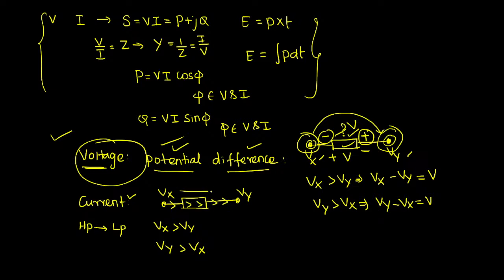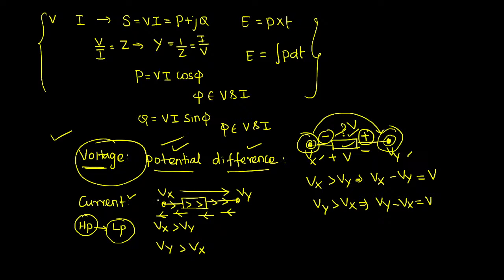Current will go from Vx to Vy. Fine, sir. Suppose Vy is greater than Vx, then what will you do? Then reverse the direction of current. So basically, current will always flow from higher potential point to lower potential point. That is the next logic that you must keep in your mind.